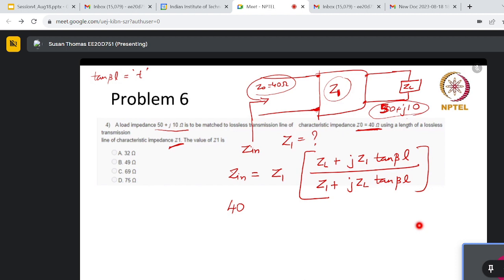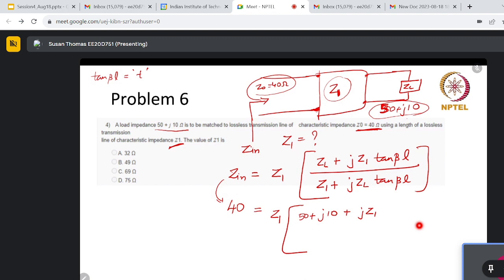Okay, so as I told, Zin is 40. So that is equal to Z1 into ZL plus jZ1 t, where ZL here is 50 plus j10. Z1 is the unknown here.